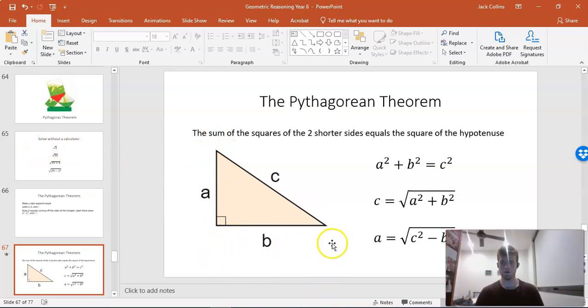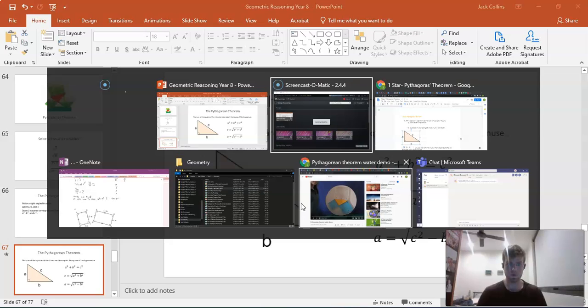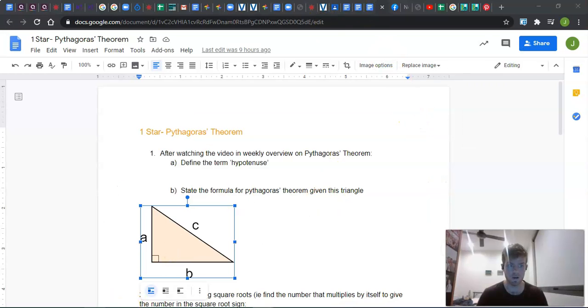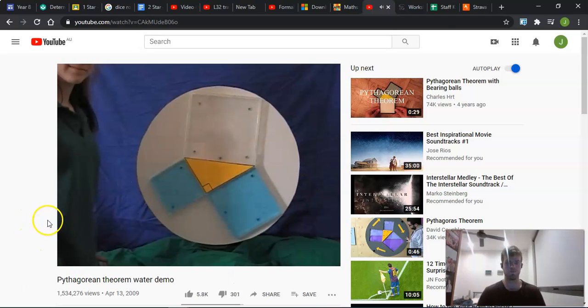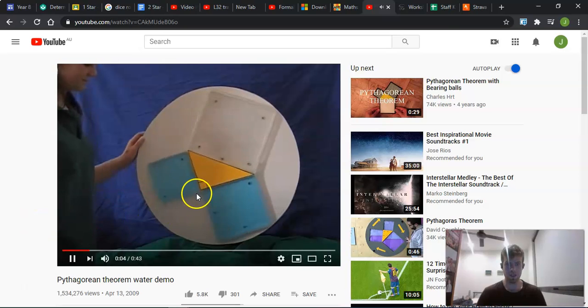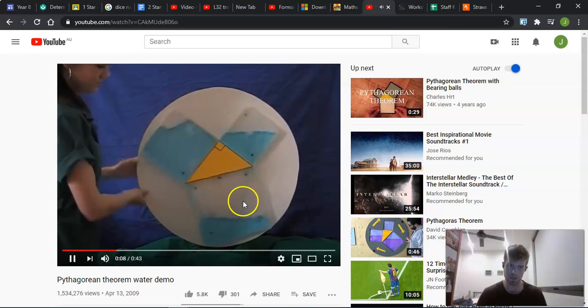I'll show you a short video showing that this formula actually works using volume, using area in liquid. So let's have a watch of this video now. You can see here we start with all the water in the two smaller square sides.